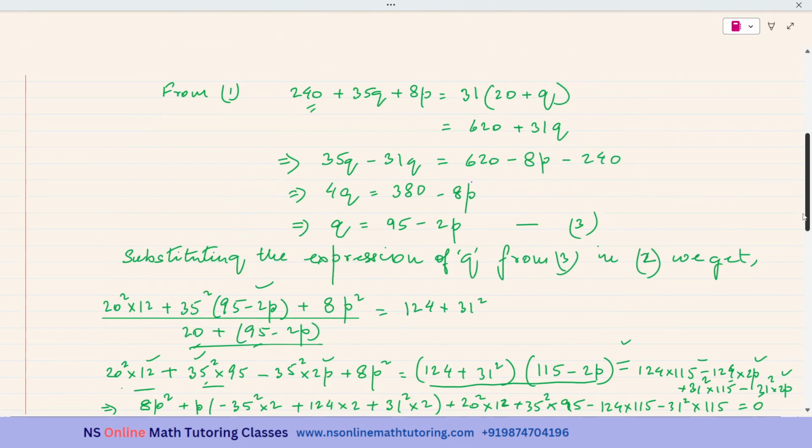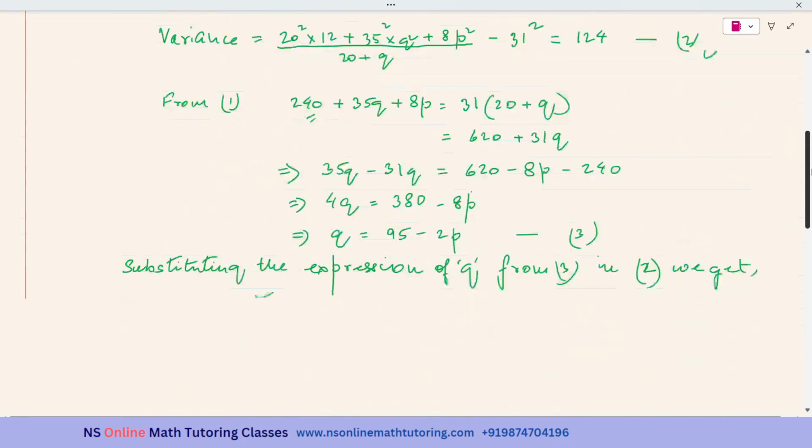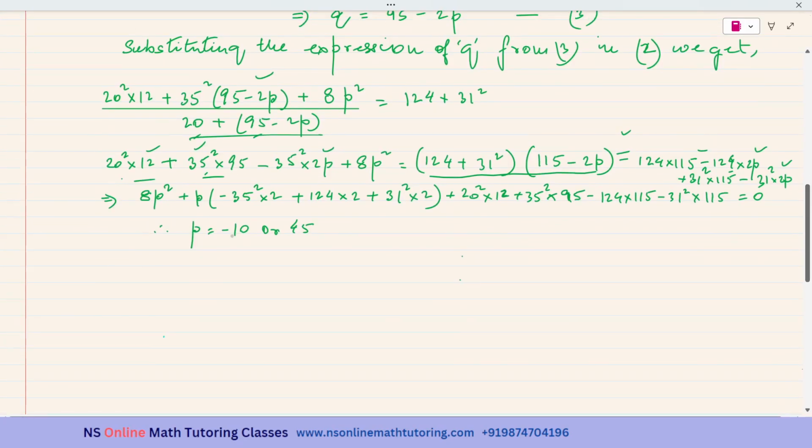Obviously, p is marks, so p cannot be a negative number. If there is some negative marking, of course, p can be a negative number, but over here they have said p and q are positive integers. So we cannot take the negative sign, negative 10, since P belongs to the set of positive integers.